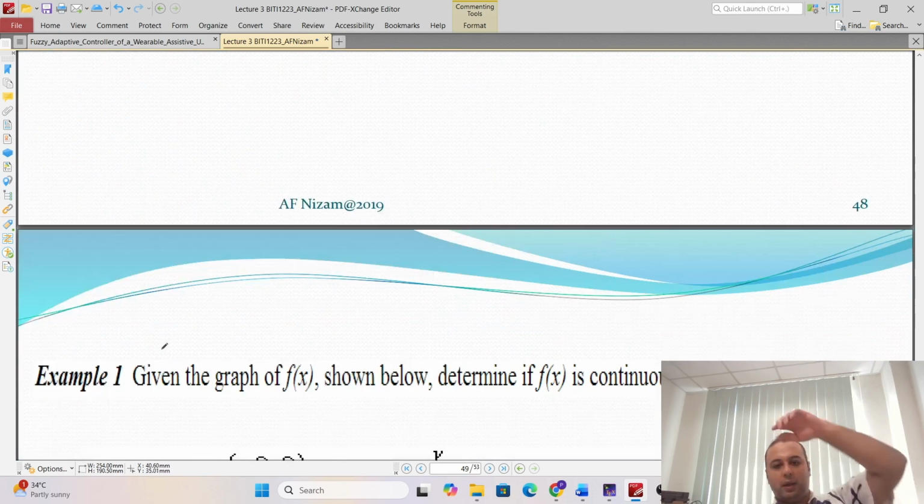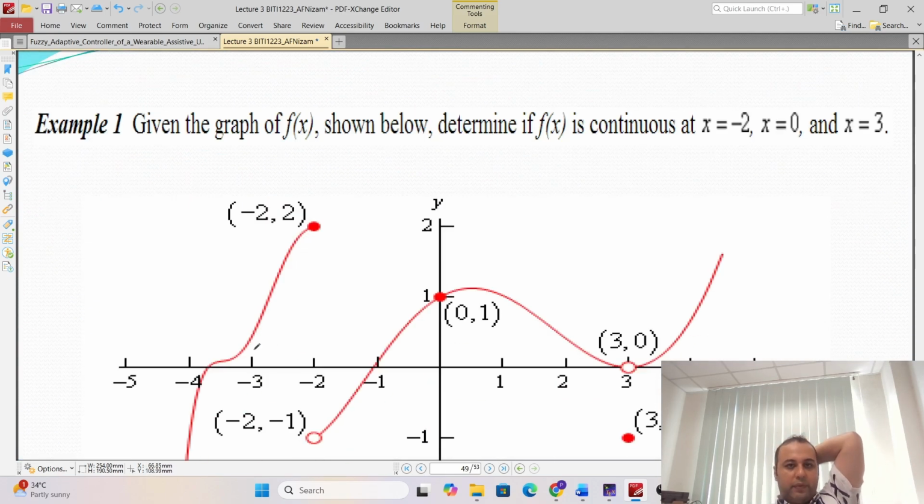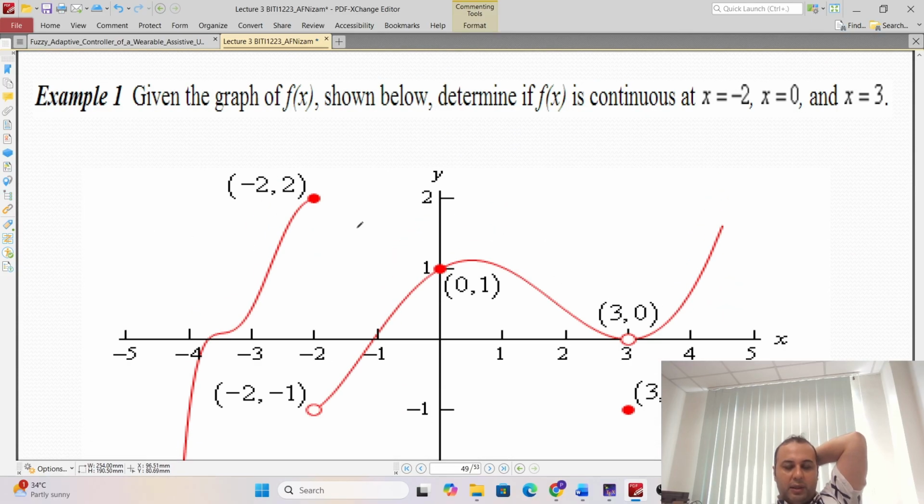Okay, another exercise. Given the graph of f(x), shown in the picture, determine if f is continuous at x equal to -2 here. -2 is here.